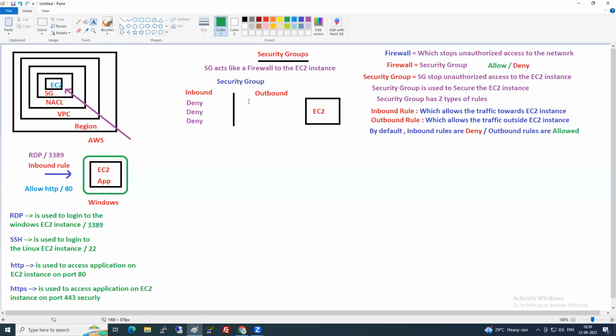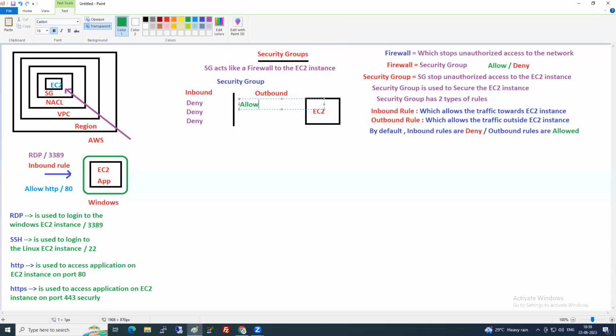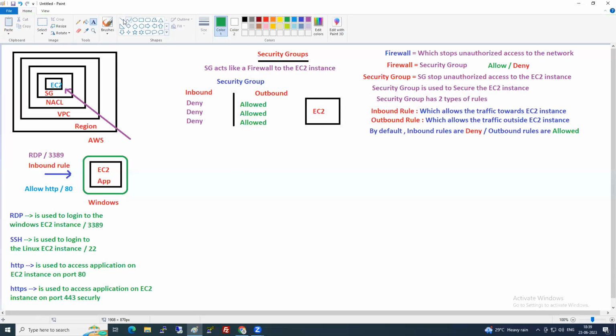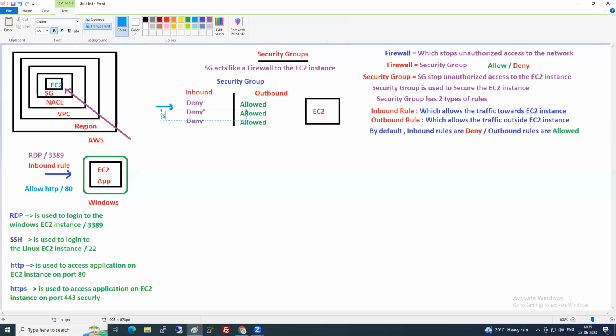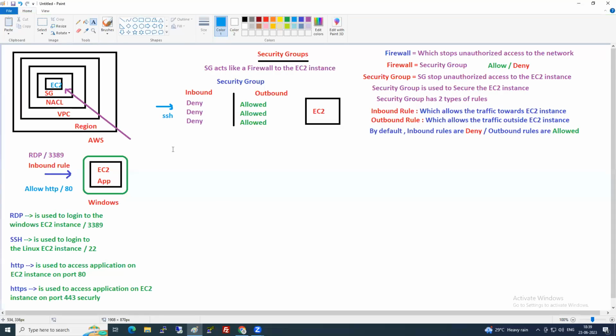And outbound rules are allowed. So if at all you require, you need to allow the protocol in the inbound rule, correct? Super. So for example, SSH. Is it clear, the basic idea on security groups now? Super.